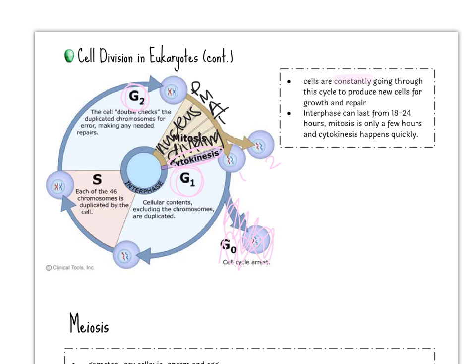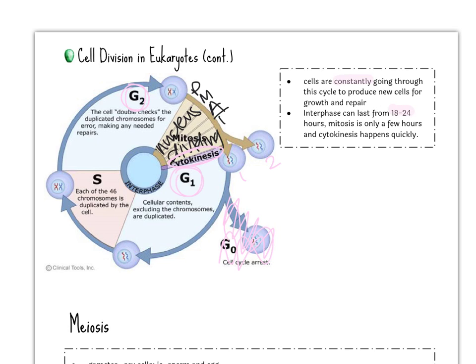And if I were to give you this diagram and ask you to interpret it, just looking at it, which is going to be the longest phase of the cell cycle? So if we take all the subparts of interphase, you can tell that that makes up the majority of the cell's lifetime. And interphase can last anywhere from 18 to 24 hours.